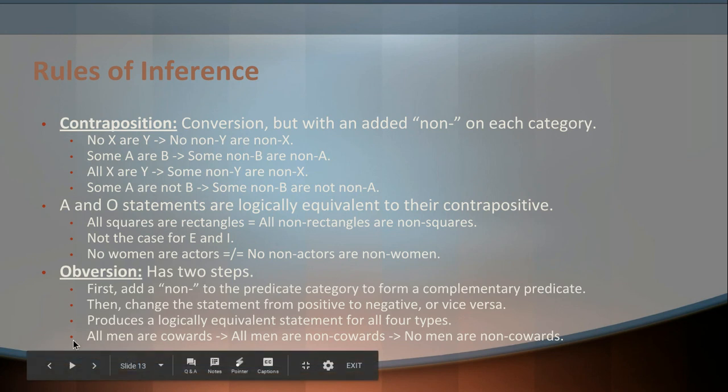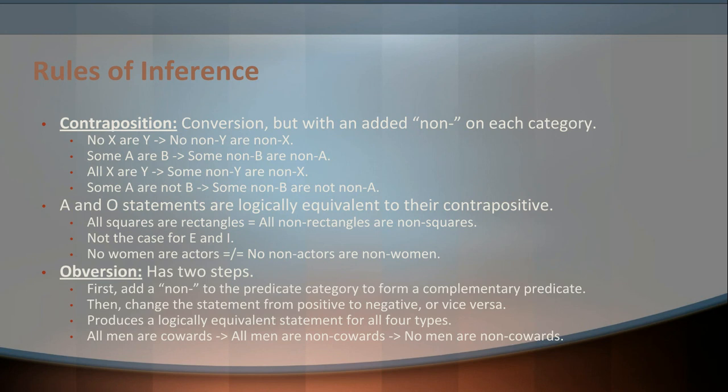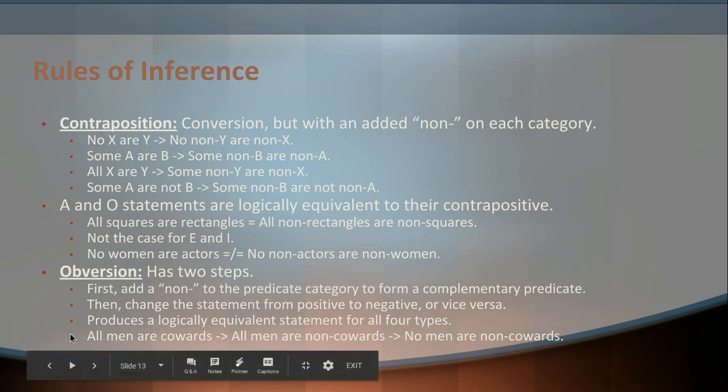So, for an example here, let's say all men are cowards, which is a false statement overall. There are at least some rather brave people out there. So, all men are cowards. First step, we put a non on the predicate category. So we go from all men are cowards to all men are non-cowards. Then this is a positive statement, a universal affirmative, so let's make it the universal negative.